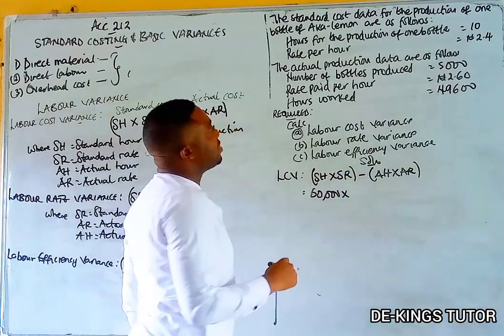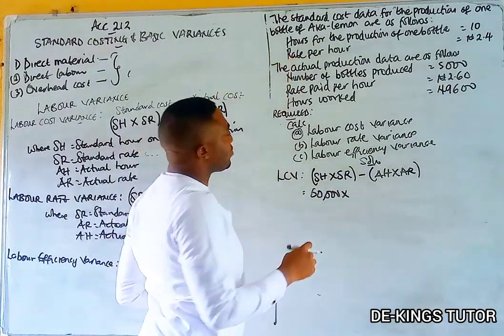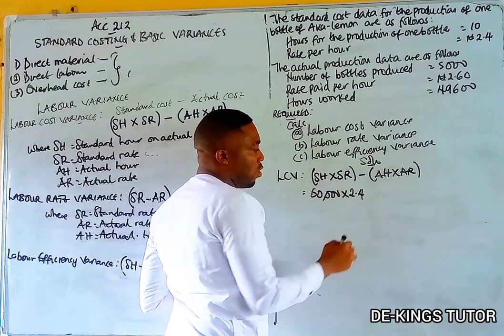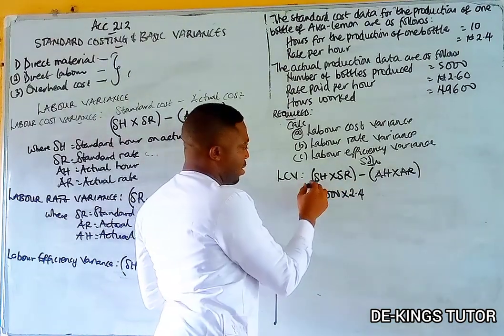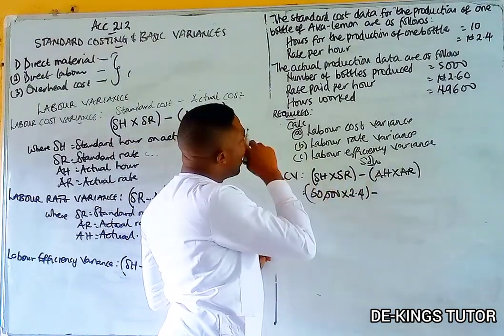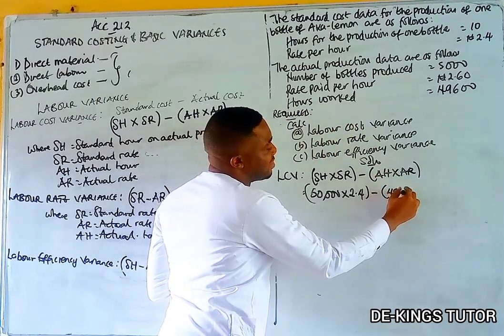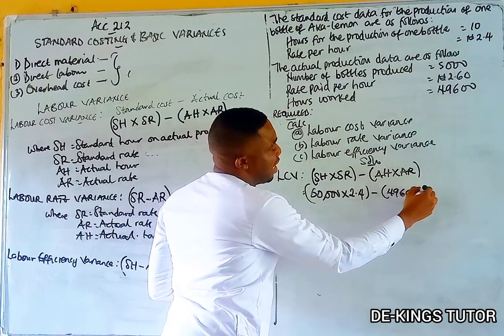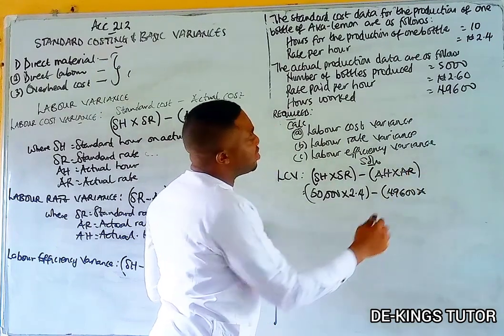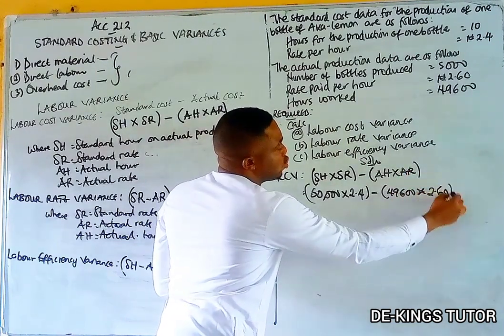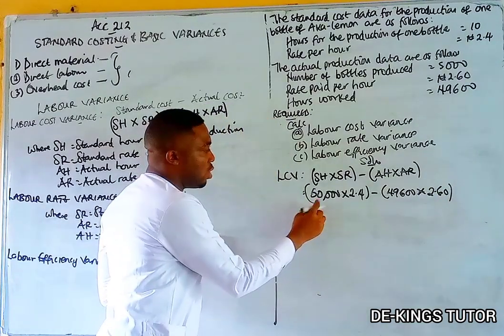Times what is standard rate? 2.4, right? Okay. Minus what, the actual hour? 49,600. Times what actual rate? 2.60, right?